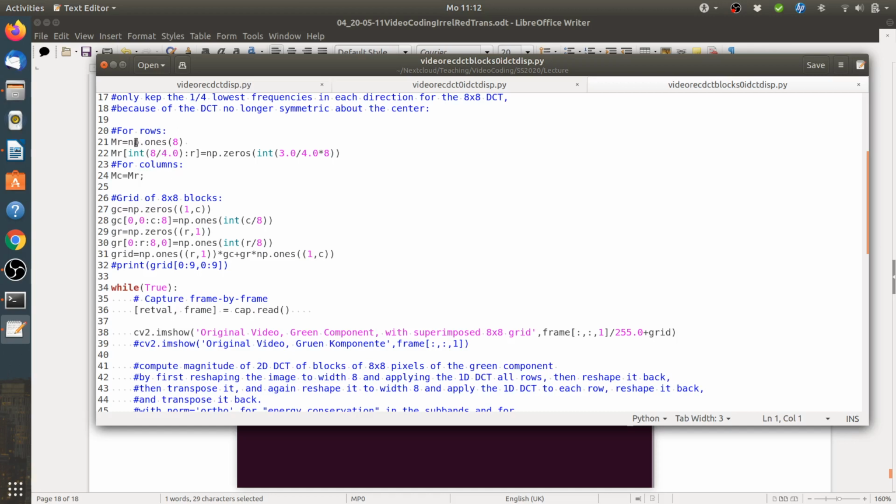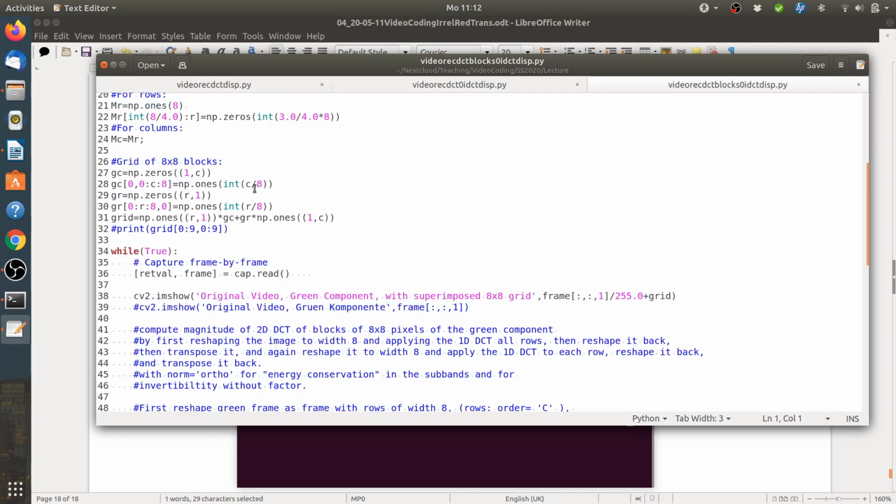This time I'm keeping it separately for rows and columns because I will apply them after my DCT for the rows and columns separately. So a slightly different approach here. Here I'm printing a grid of 8x8 block boundaries just to show you how small those blocks actually are. I'm drawing white lines basically on the grid space.